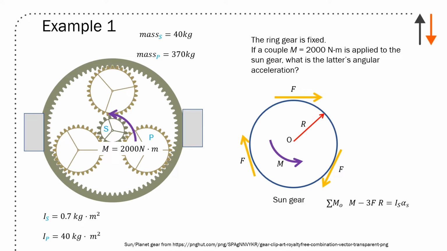I'm going to assume counterclockwise is positive, with my x, y directions. The moment is positive, and all of the planet gears have a force that opposes motion, so it's 3F times R, and the moment of inertia times the angular acceleration of the gear.